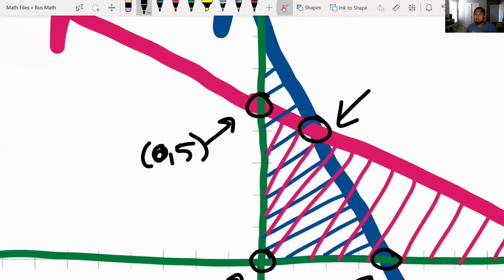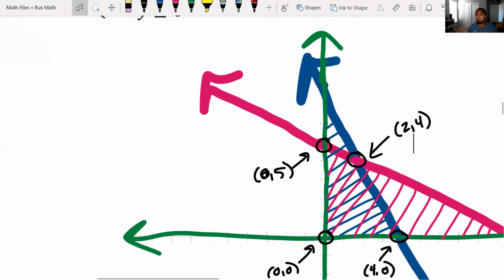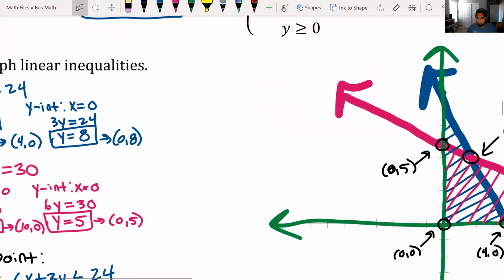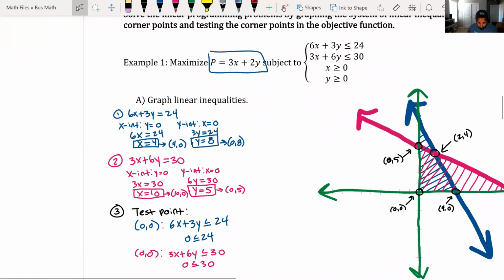And this one, if my graph is correct, looks like it's at (2, 4). But remember, you always want to prove if it's correct, so we can solve that in the system of equations. I think we've done this problem in the last notes, and it does prove to be true. So these are the corner points.